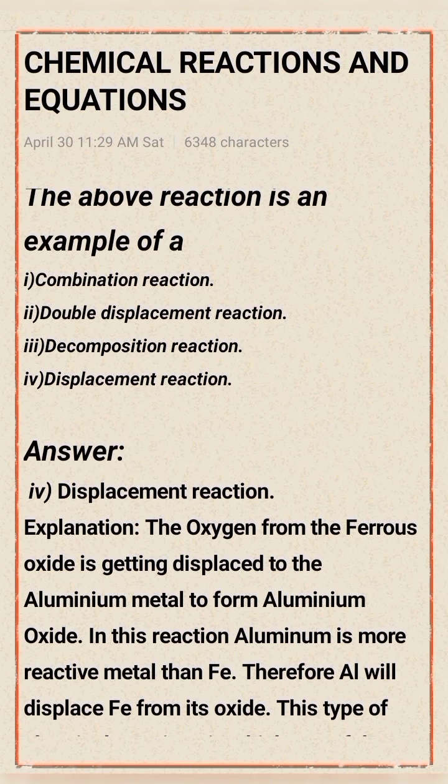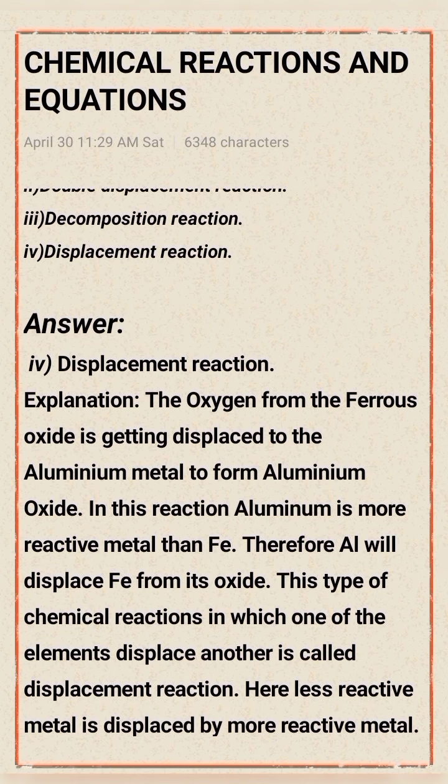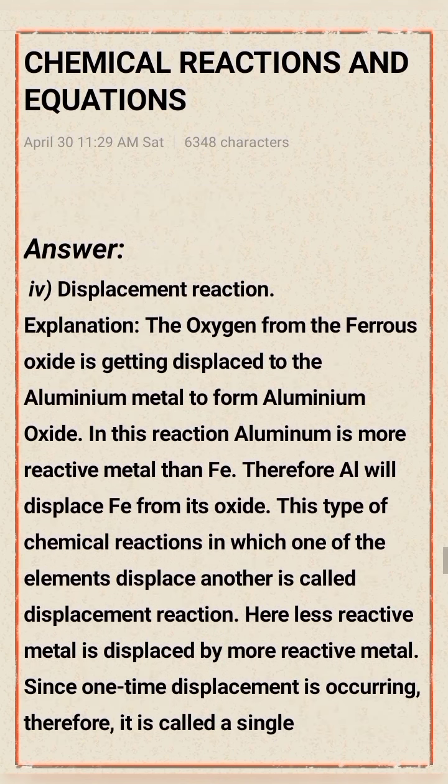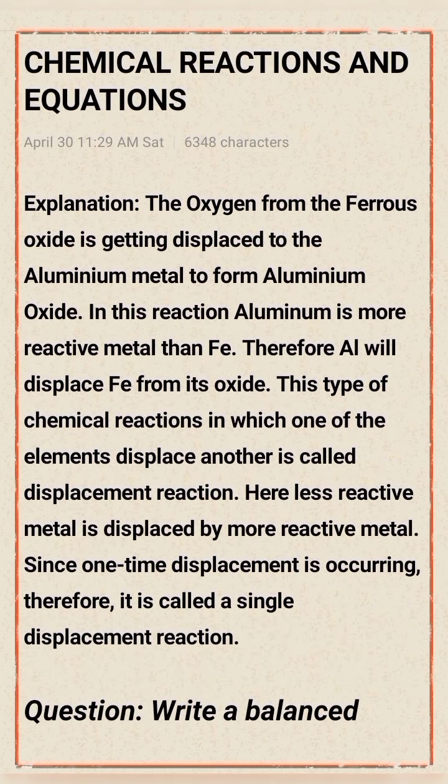In this reaction, aluminium is a more reactive metal than iron, Fe. Therefore, Al aluminium will displace iron Fe from its oxide. These types of chemical reactions in which one element displaces another are called displacement reactions. Here, the less reactive metal is displaced by the more reactive metal. Since a single displacement is occurring, it is called a single displacement reaction.